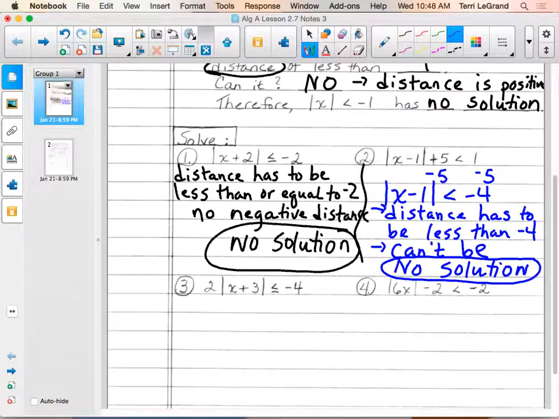So tell me, do you think I'm going to let you get away with going from here to this point, and then you jump down and you do this? Think I'm going to allow that?